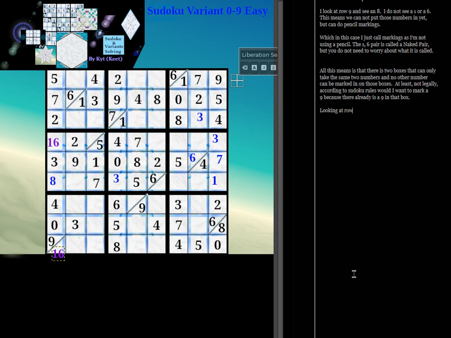Looking at row 1, I count 0 is missing, 1, 2, 3 is missing, 4, 5, 6, 7, 8 is missing, 9. So I need a 0, 3, 8.